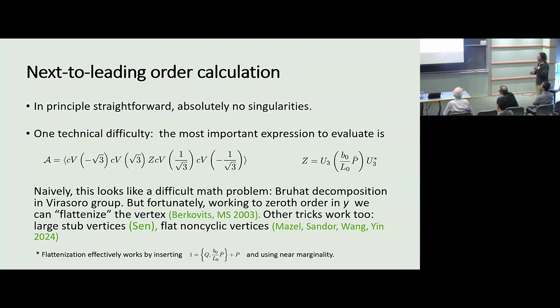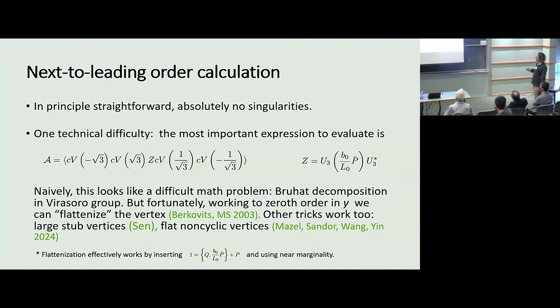To go to the next leading order, I have to hurry up a little bit. It's very straightforward. There are no singularities, but there are some technical obstacles. We have to calculate this 4-point function with these exponentials of Virasoro operators. This is also essentially an integral of e to the minus t L naught. It looks like a normal ordering problem, or mathematically a Bruhat decomposition in the context of the Virasoro group.